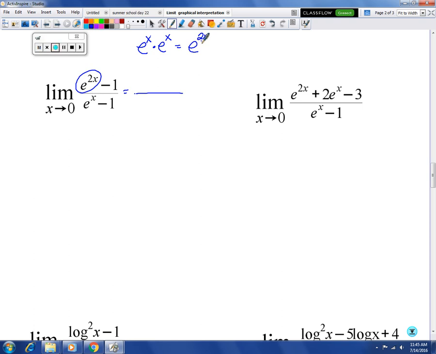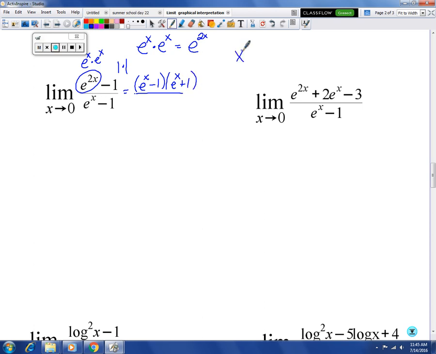Going backwards, this e to the 2x is really e to the x times e to the x. It doesn't maybe look obvious, but this is another difference of squares problem. It factors to e to the x minus 1 times e to the x plus 1.